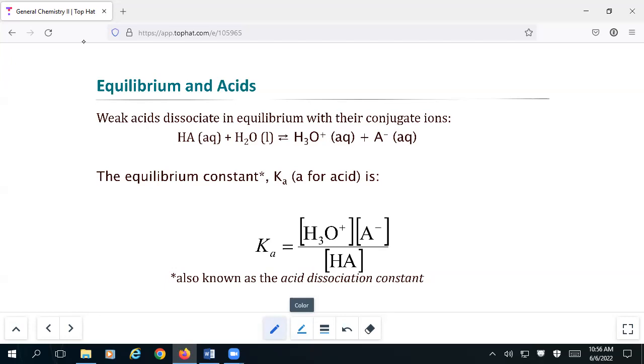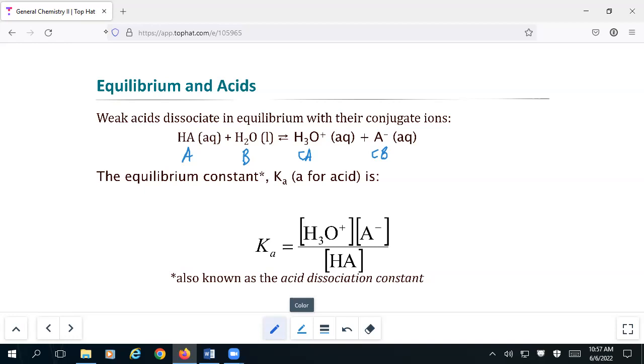Now, all of our weak acid equilibria are going to follow this formula. The weak acid, HA, is going to react with water, the weak acid acting as an acid, the water as a base, giving us the hydronium ion and the conjugate base of that acid, which we will call A minus for lack of a better term.